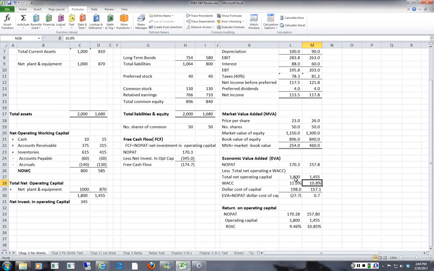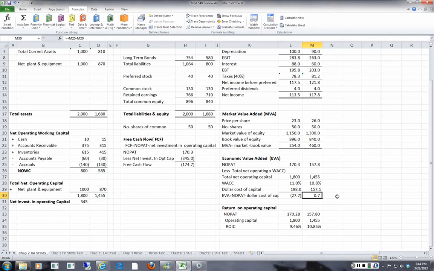So here we've got economic value added, which is NOPAT minus this dollar cost of capital, determined as 11% of $1,800,000. So EVA is a negative $27.7 thousand in 2010. In 2009, it's a positive $700,000.